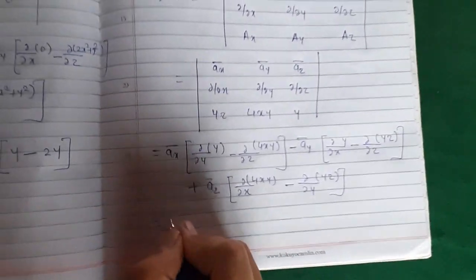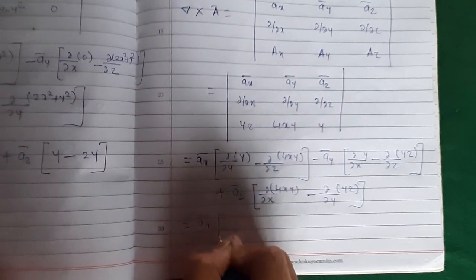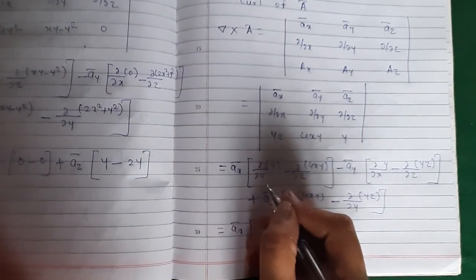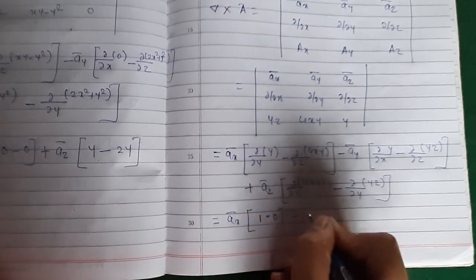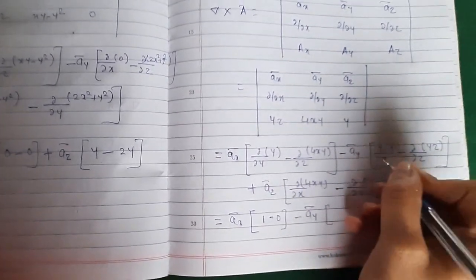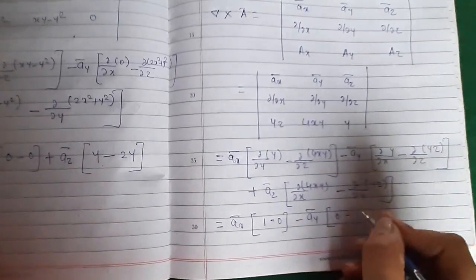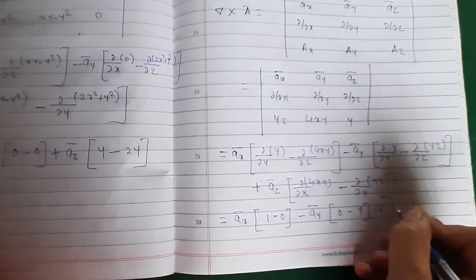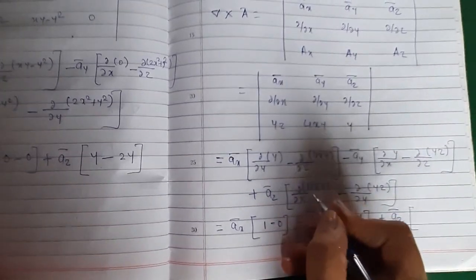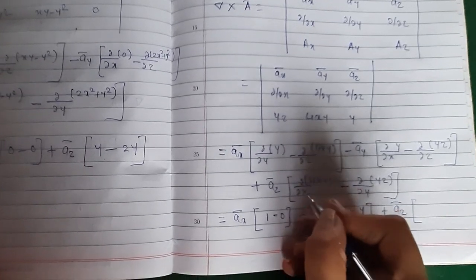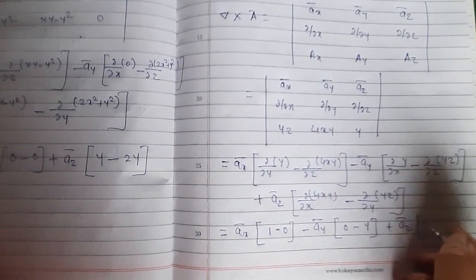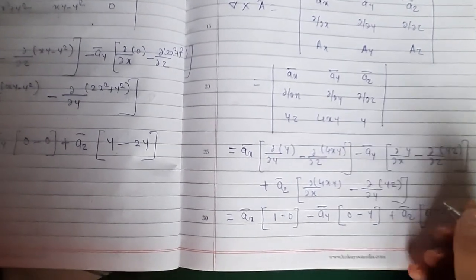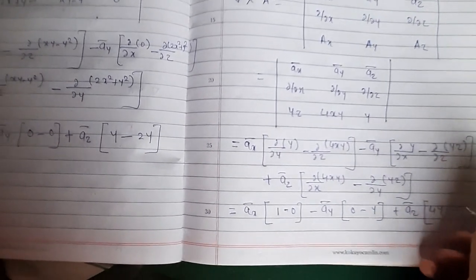So we solve this. Ax bar into, this is 1, this one is 0, minus ay bar, this is 0 minus this is y. Now here 4 is constant, dx by dx is 1, so here it is 4y, and here it is minus z.